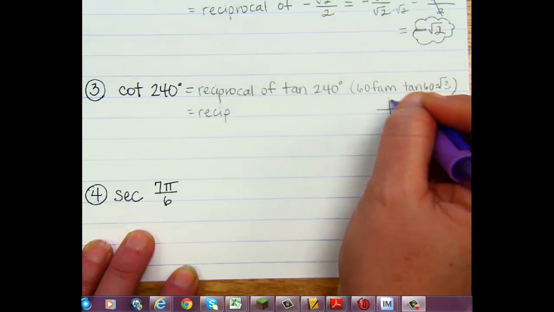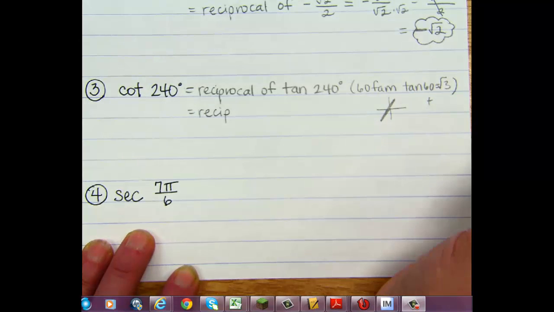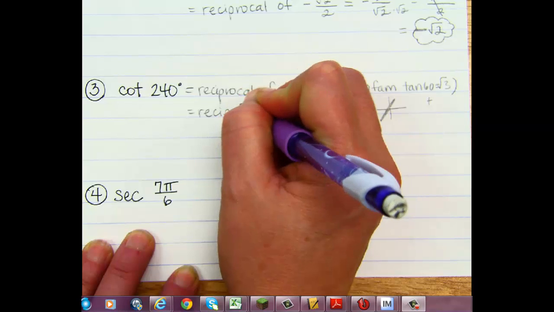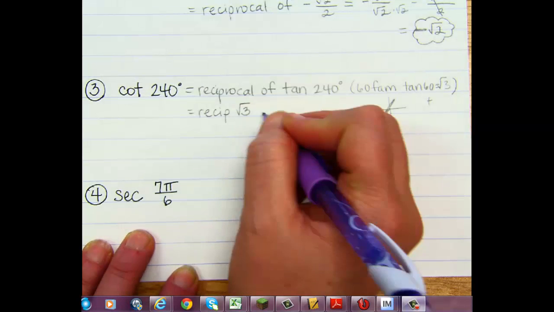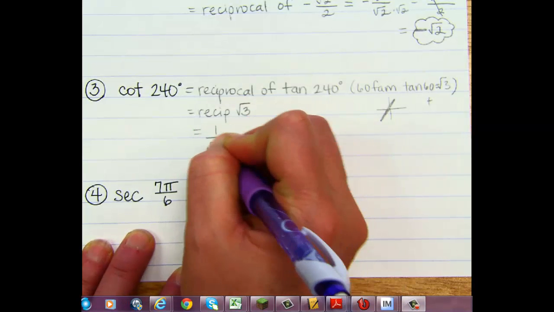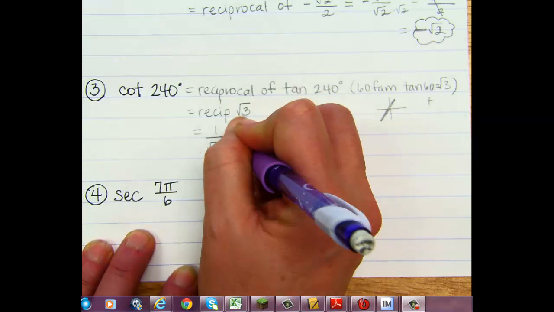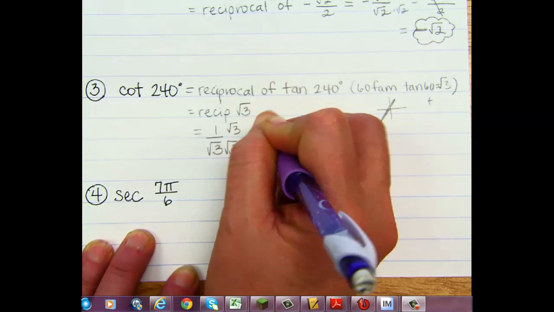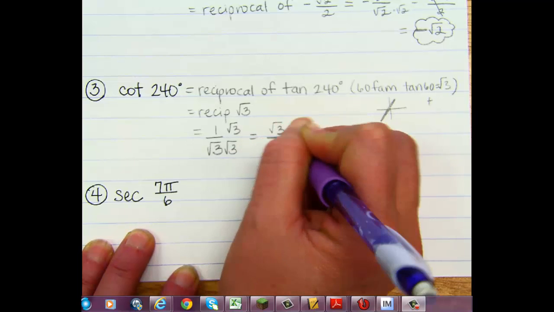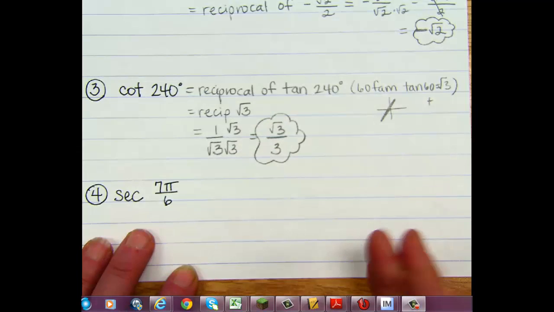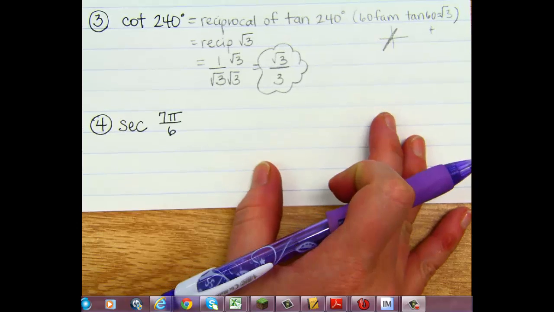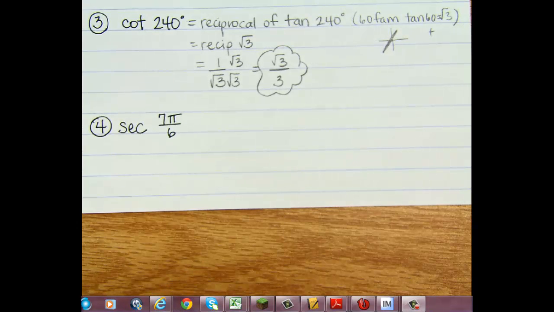In quadrant 3, tangent is positive, slope line. So I'm looking for the reciprocal of the positive square root of 3. Well, that's 1 over the square root of 3, and again, we need to clean that up. Multiply both parts by the square root of 3, and I get root 3 over 3. Notice that the reciprocal of root 3 is root 3 over 3. You've seen those numbers before with tangent.